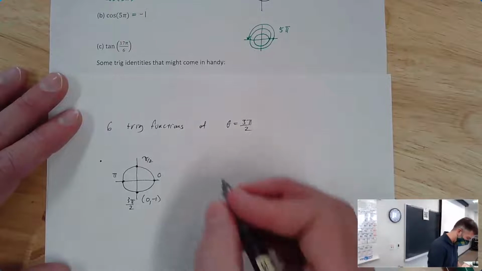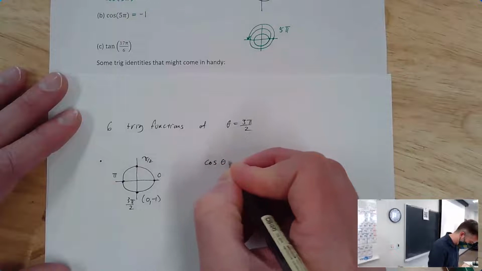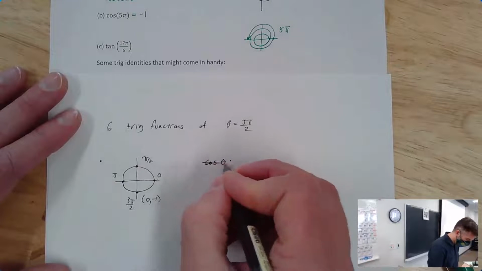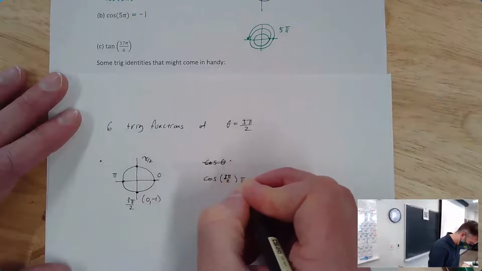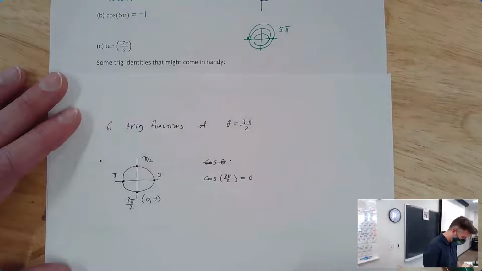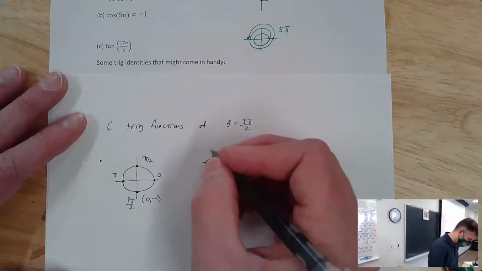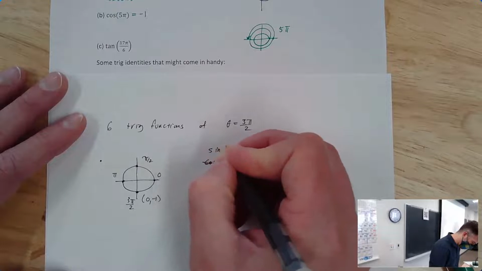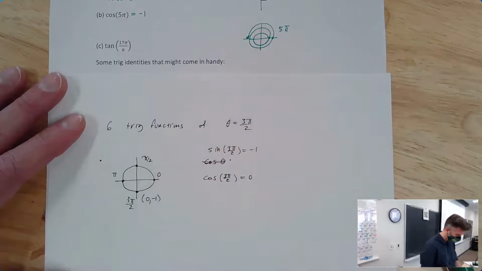So then I can find cosine of the angle. I should really write 3 pi over 2. Cosine of 3 pi over 2 is 0. Sine of 3 pi over 2, which usually we find sine first, but I didn't, so I'm going to write sine up here. Sine of 3 pi over 2 is -1.